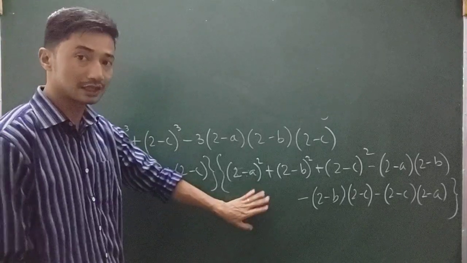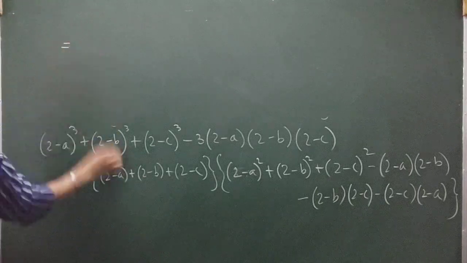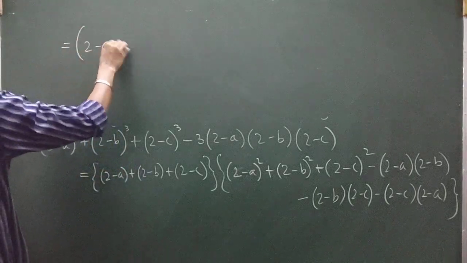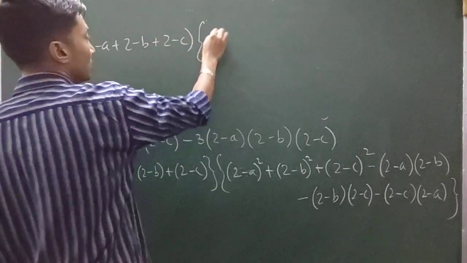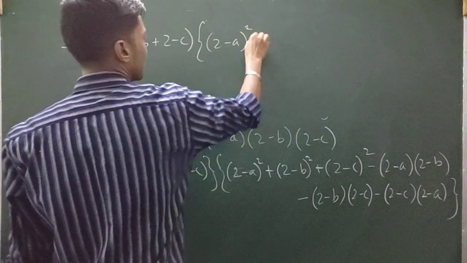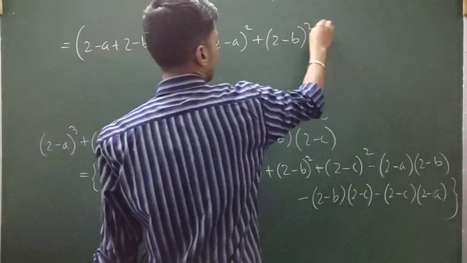So let's save this. Now just this bracket, I'll remove the bracket: (2 minus a) plus (2 minus b) plus (2 minus c). This one I will not expand, I will let it be as it is, because somehow I can guess.